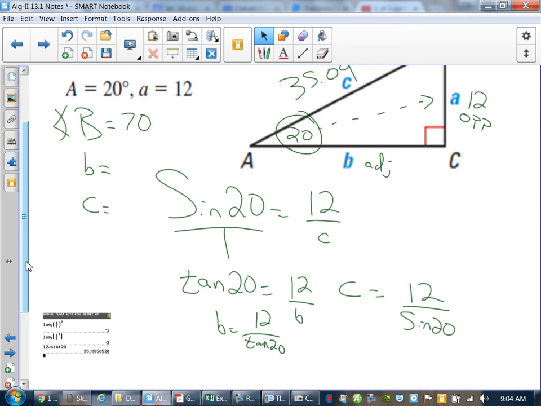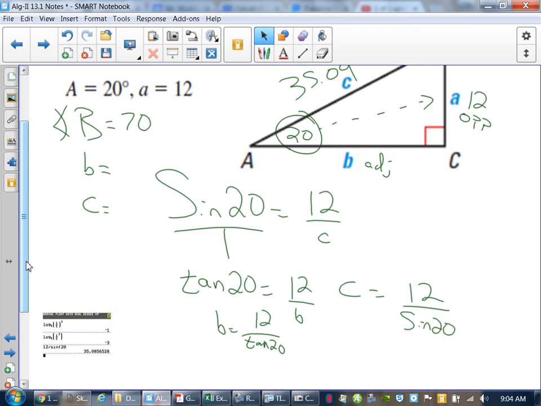And type it in. One thing I will ask of you is to be careful about what you're typing in, because if not, you're going to get everything wrong. So please, please, please, see where I'm at right here: for side C, I wrote 12 over sine of 20. For side B, I wrote 12 over tangent of 20.